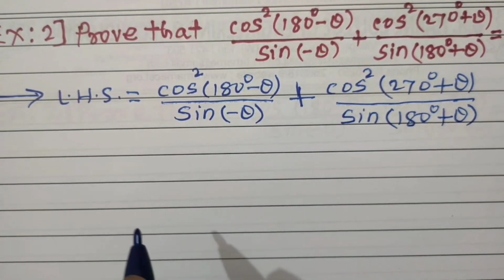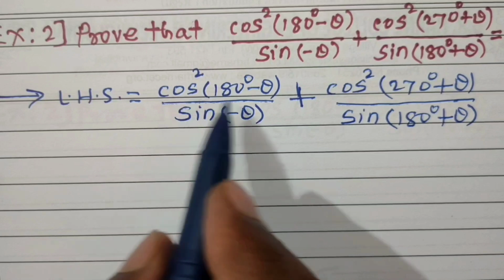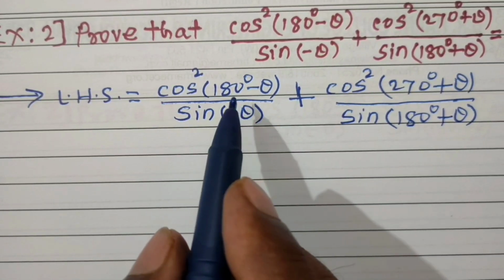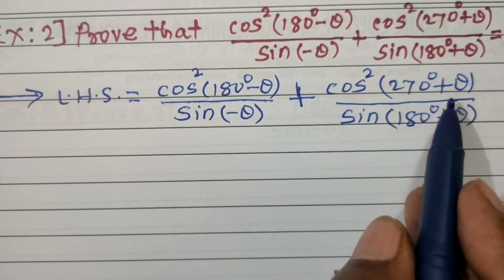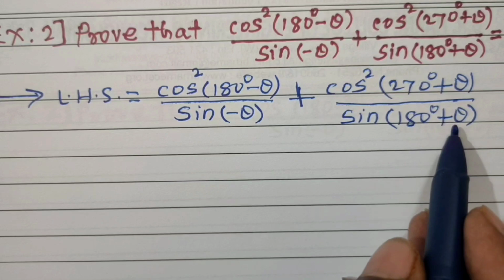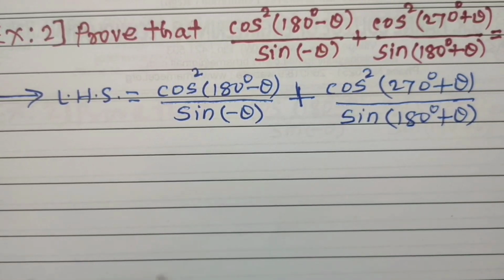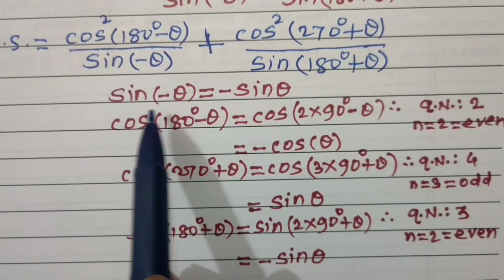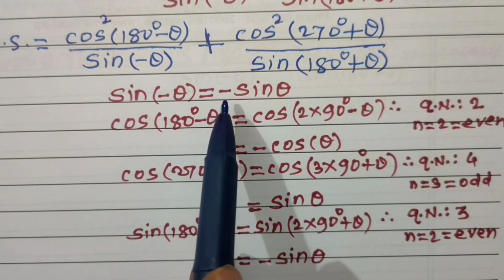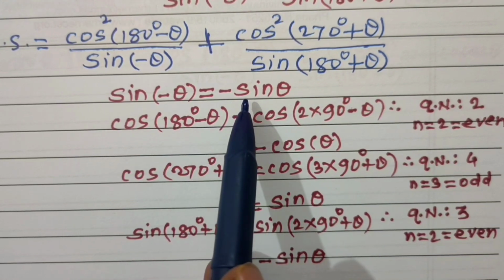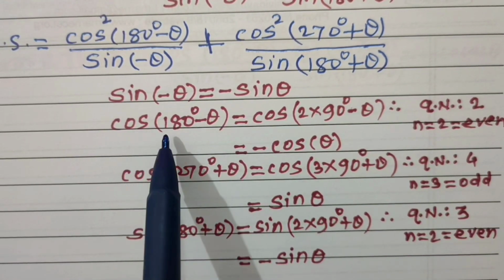First of all, we have to find out the values of cos of (180 degree minus theta), cos of (270 degree plus theta), sin of (180 degree plus theta), and sin of minus theta. We know sin of minus theta is equal to minus sin theta.